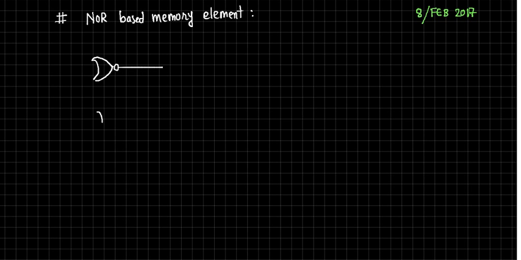There were two NOR gates which we connected in such a fashion that there will be two inputs here, and we made some cross connections here. So the connections were somewhat like this.